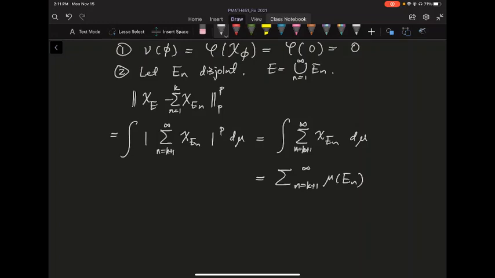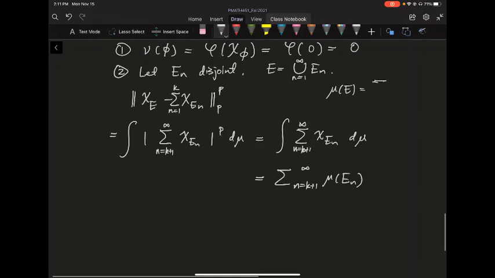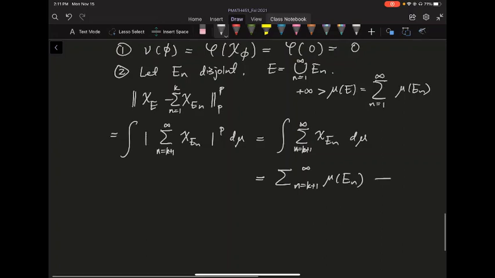Okay, and if you consider what happens to mu of E, because mu itself is a measure, this is the sum of mu of E_n, n going from 1 to infinity. This one converges. Okay, this is less than infinity. We're assuming we're in a finite measurable space. So the summation of this tail needs to go to 0 as k goes to infinity, because the summation of mu of E_n converges.